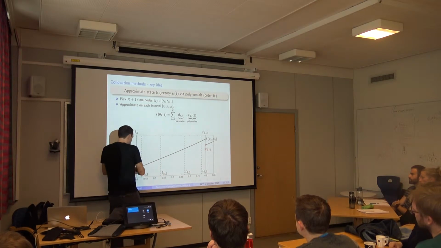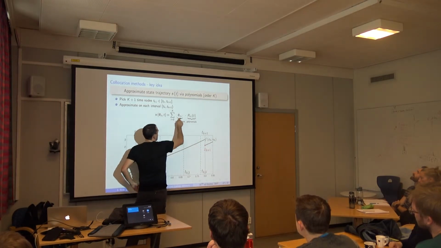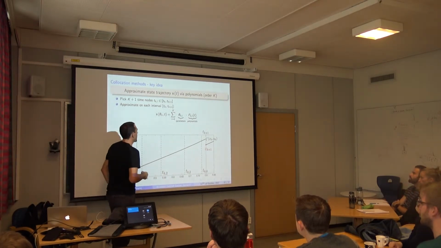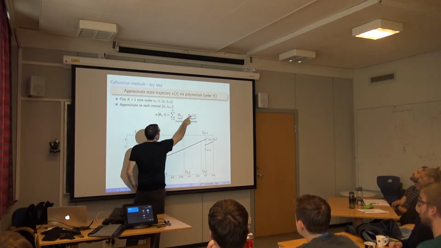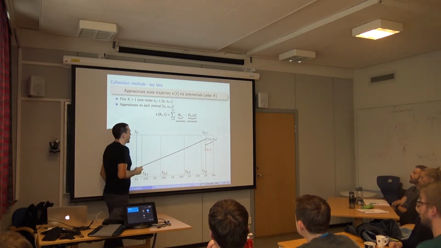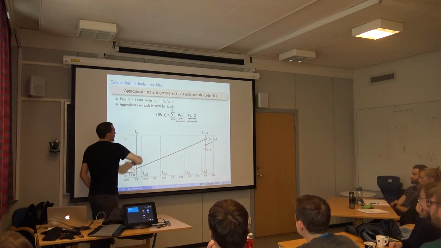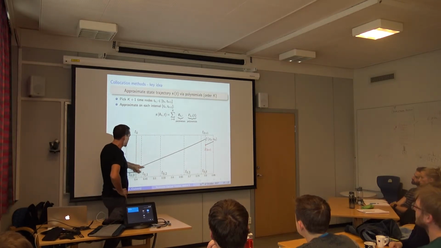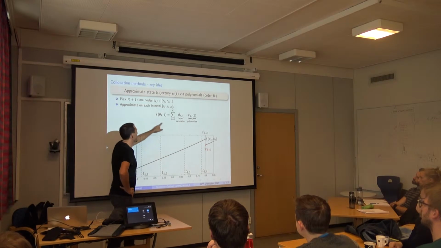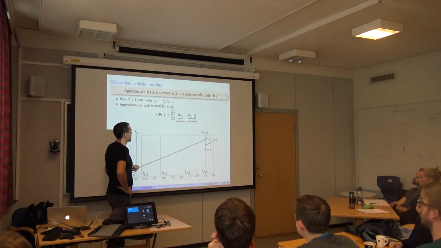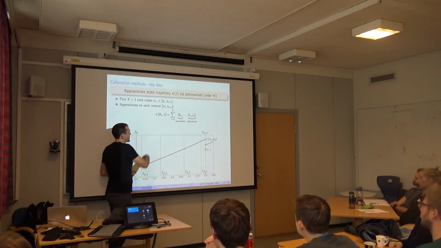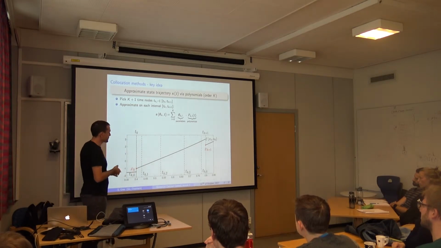And then on each of these intervals, you have a set of parameters. Let's call them theta_ki, and you make a linear combination of your polynomials to generate your trajectory here. So this S of t is basically parameterized by your thetas, and you can evaluate this S at any time instant. Okay with that picture?